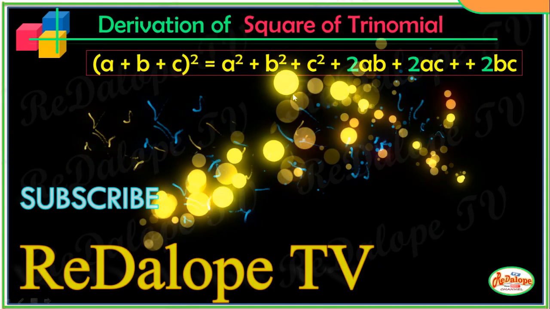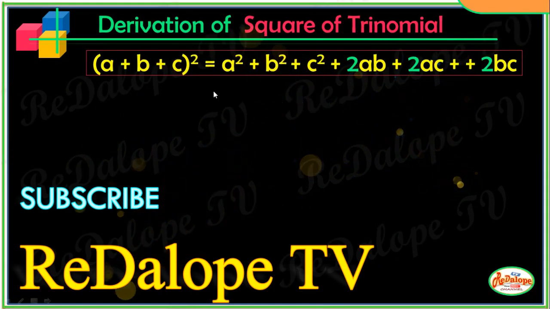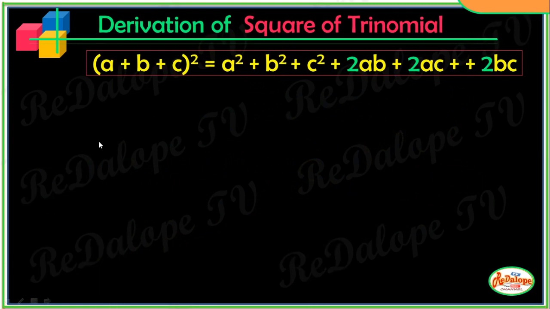This formula is derived from the conventional or traditional method, which is the longhand method. The square of a trinomial can also be written as (a plus b plus c) multiplied by (a plus b plus c). Meaning to say, we're going to multiply the second polynomial by the first polynomial.